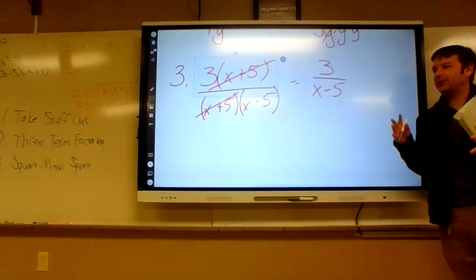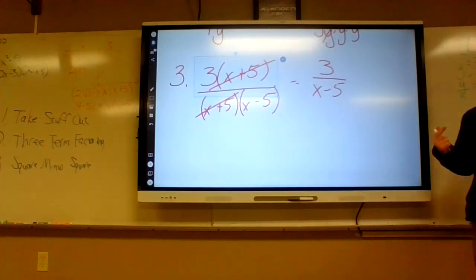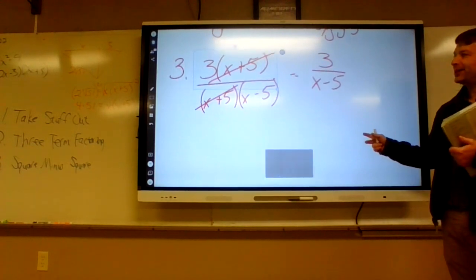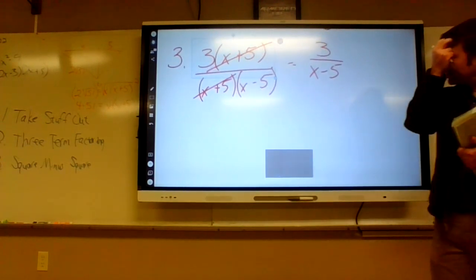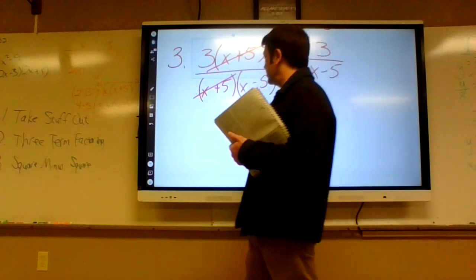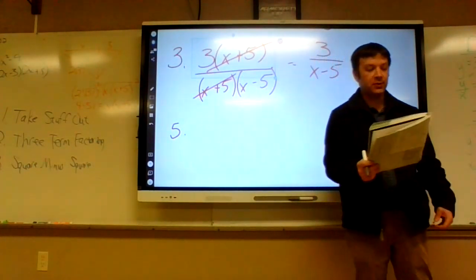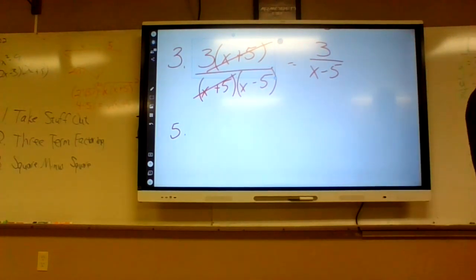Remember that you have to think of x plus 5 or x minus 5 as one thing. A multiplied thing can cancel out, but if there's a plus or minus, think of it as one thing. Okay, number 5. Can we factor anything on number 5?